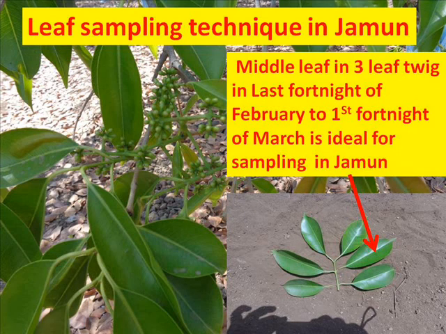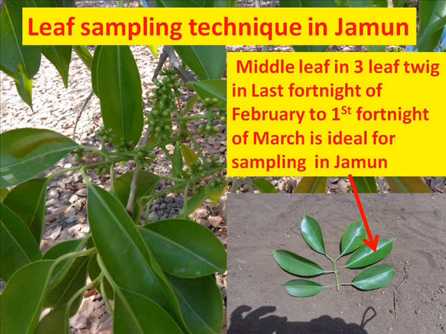Slowly, as the inflorescence sets fruits, nitrogen, phosphorus, and potash decrease because the fruits absorb them from the leaves, so their concentration decreases. We got that information too.